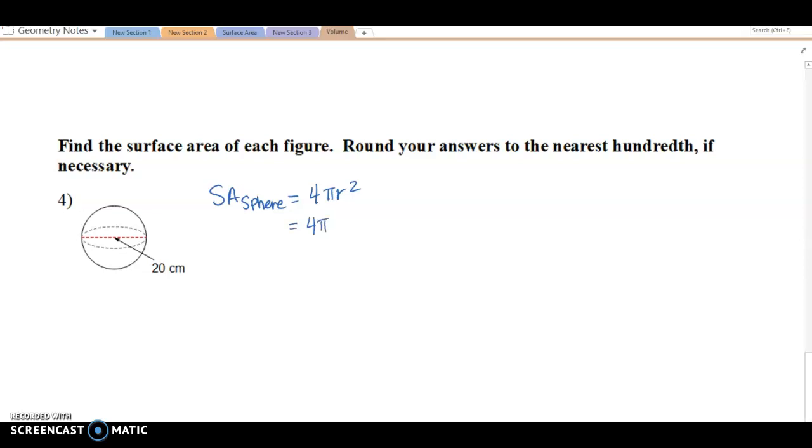So all you need to do here is substitute the radius. In this case, the radius is going to be 10 squared. So if you're keeping this as an exact answer, that's 10 squared is 100 times 4 is 400 pi. Or the approximate answer is 400 times 3.14, 1,256 centimeters squared, since it's surface area.